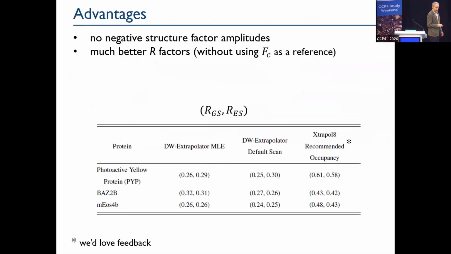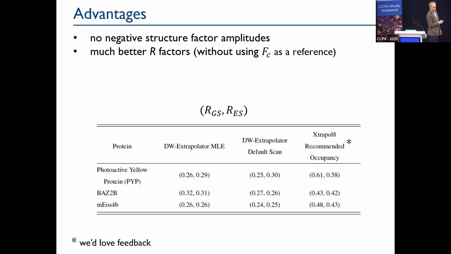The advantages so far that are quite clear: you don't have to worry about negative structure factor amplitudes. This is like doing French-Wilson scaling in two dimensions at the same time, so you don't have to do French-Wilson scaling afterwards. At the same time, we get R factors for the excited state model that tend to be much better than what we're used to.